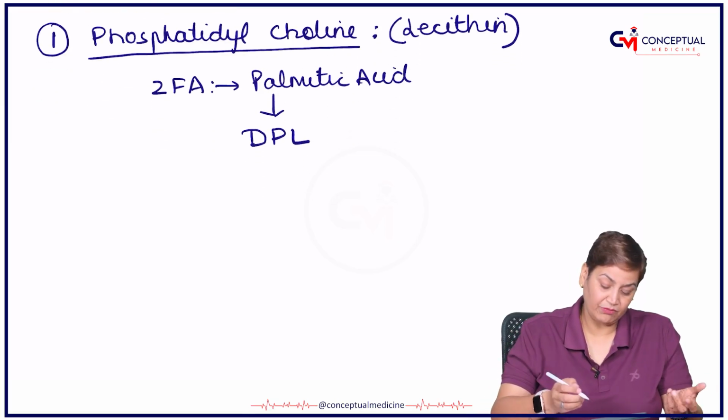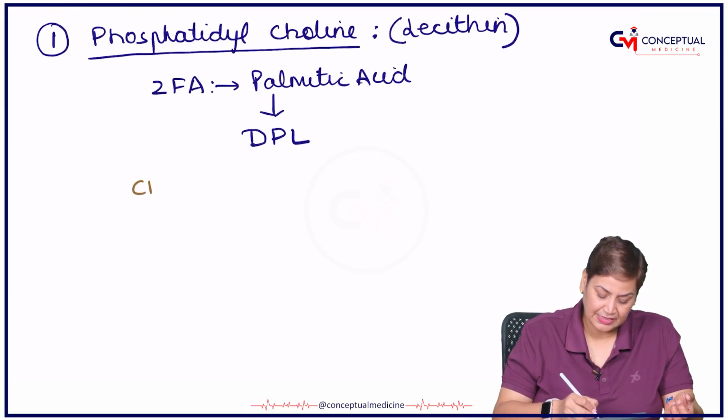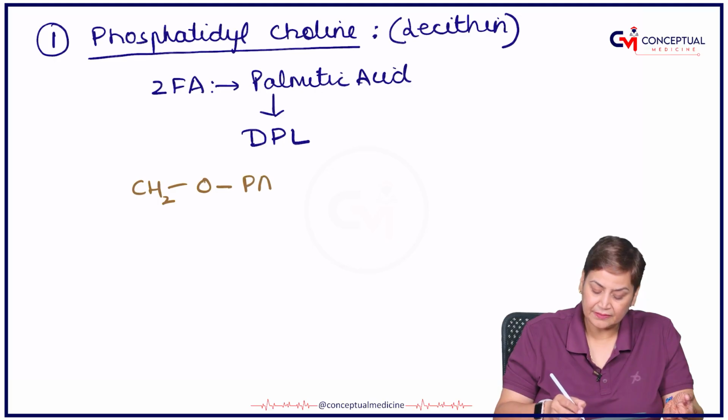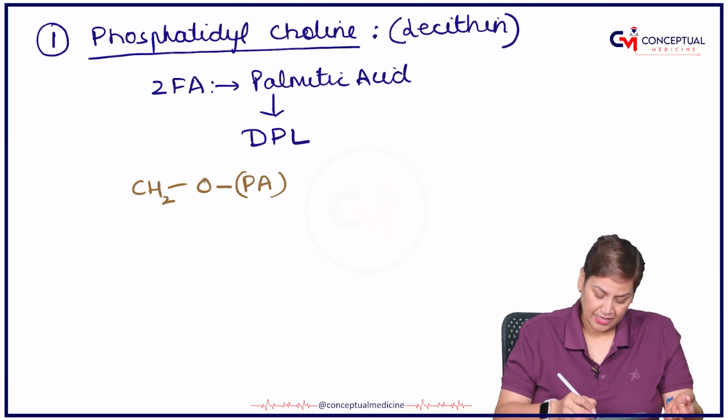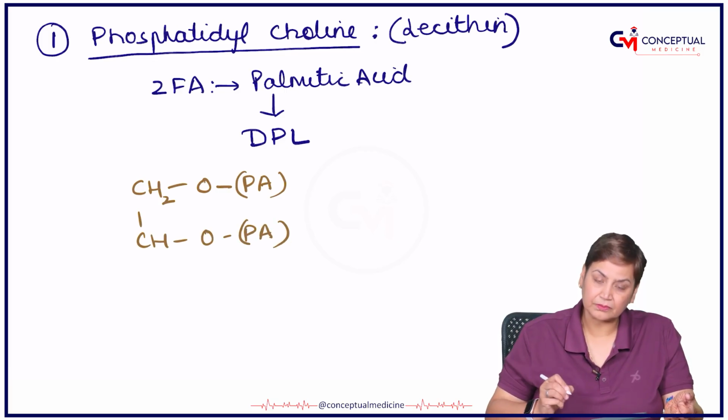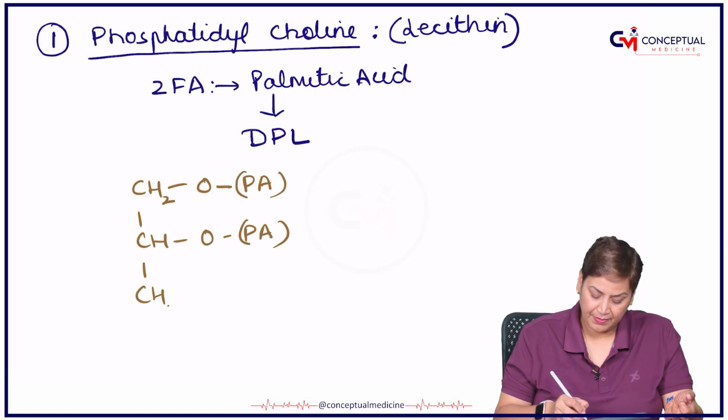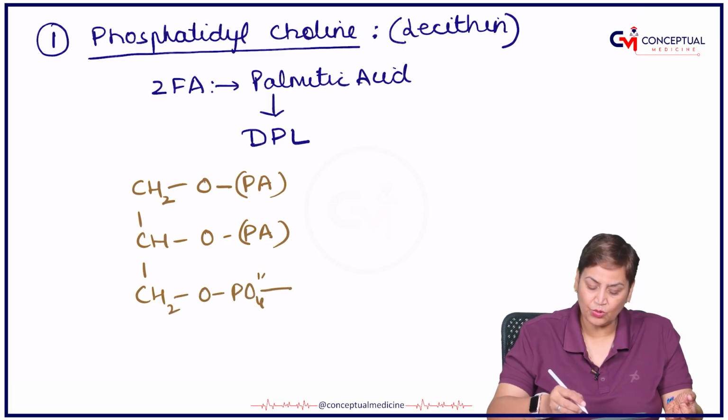That means if I have to draw the structure of this, I can simply say CH2O, here palmitic acid is there. On the second carbon, palmitic acid is there. And on the third, phosphate is there, and this phosphate is attached to choline.